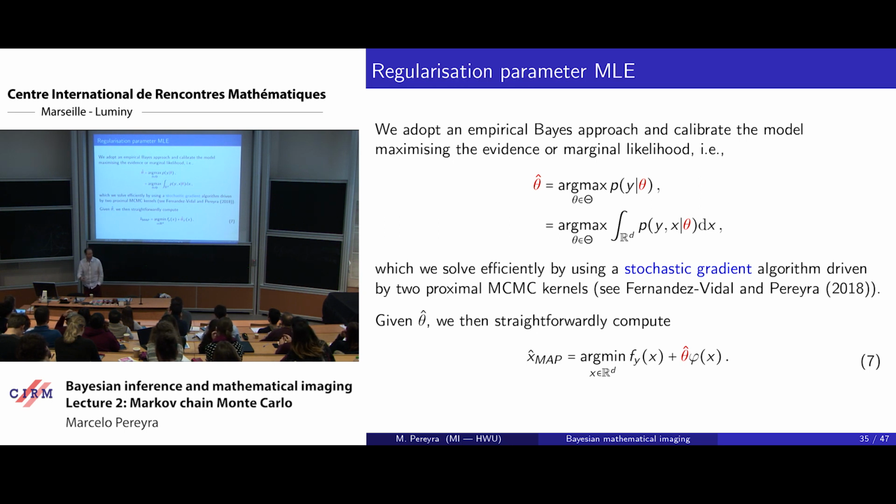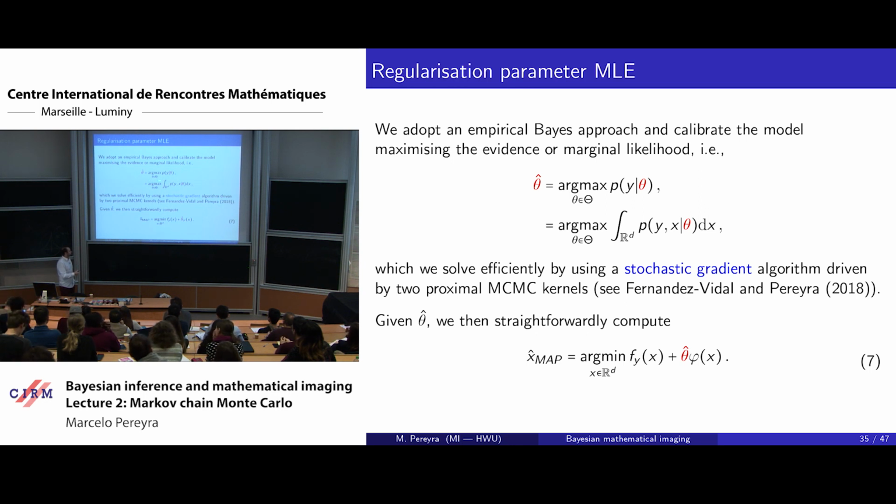So if theta was of dimension larger than y, that would not be a good idea. But here, y is a set of pixels or measurements. It's quite large. It's at least, I don't know, 1,000, 10,000. And theta is dimension 1 or 2. I mean, how many regularization parameters do you want to have if you don't even know their value? So let's say I have 1 or 2.